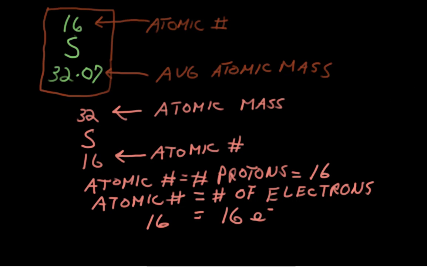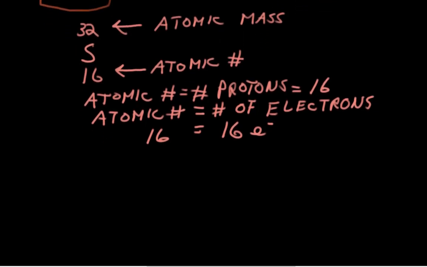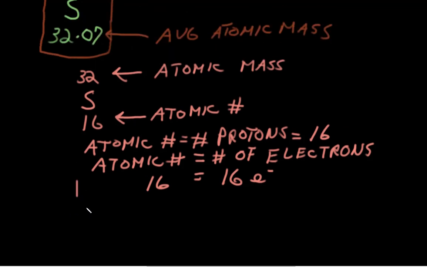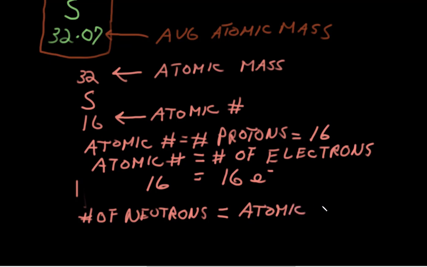So what we're left with is we need to determine the number of neutrons. The number of neutrons is going to equal the atomic mass minus the atomic number.